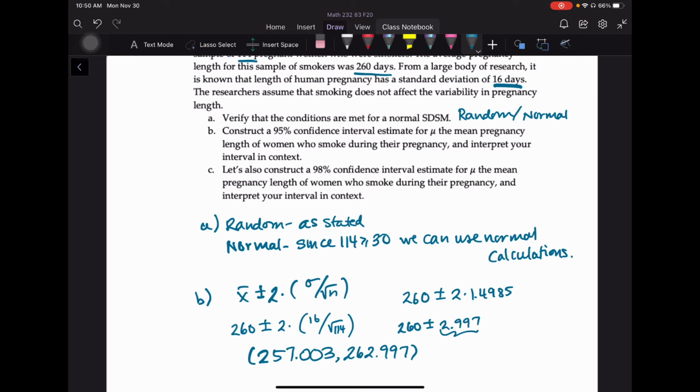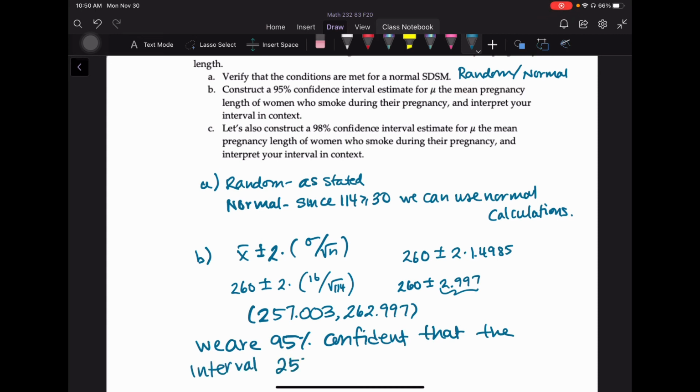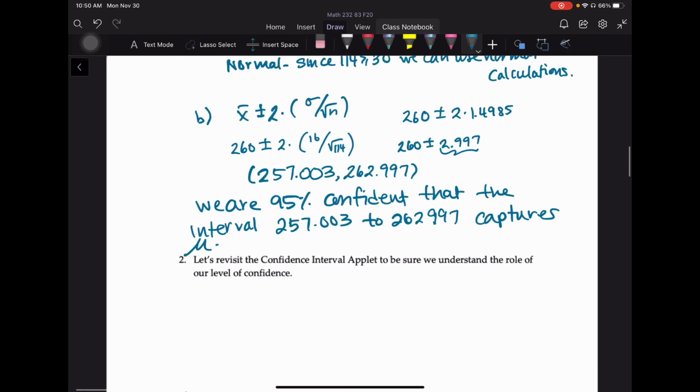Now they say we also want to interpret our interval in context. Well, we know that we are 95% confident that the interval 257.003 to 262.997 captures mu, the true population mean of what?